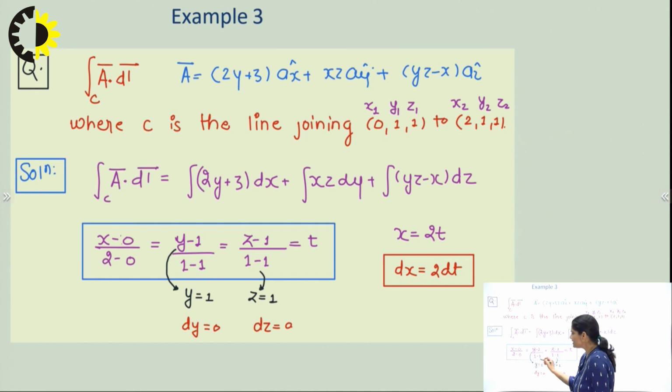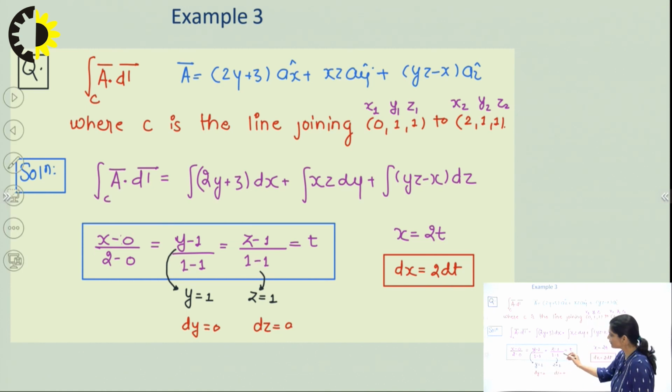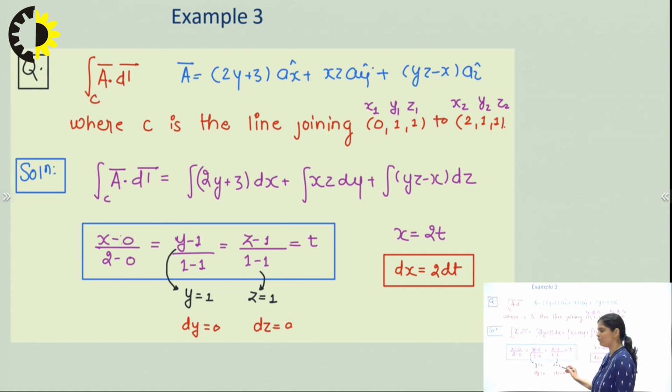If the denominator is 0, write y equal to 1. If y is equal to 1, then dy is equal to 0. Here you can see 1 minus 1 is equal to 0, which means z is equal to 1. If z is equal to 1, then dz is equal to 0. Here you can see x is equal to 2t, so dx is equal to 2 dt.